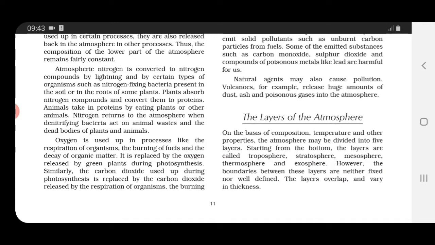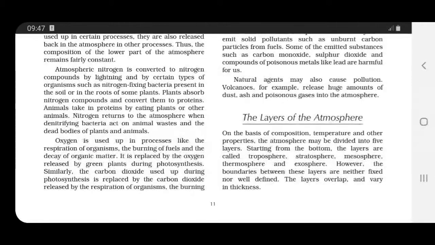It is replaced by the oxygen released by green plants during photosynthesis. Now you all must be aware of this particular term photosynthesis. Okay, you might have studied in your science subject also. It is a process by which green plants turn carbon dioxide and water into food. By using which energy? Energy from the sunlight.